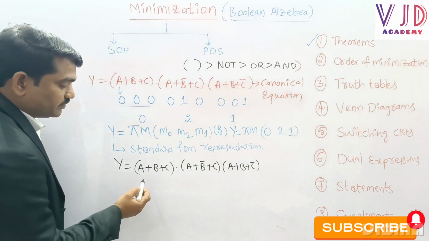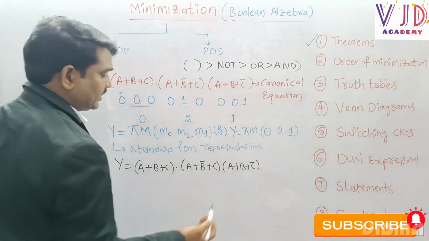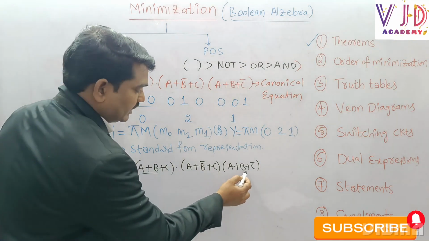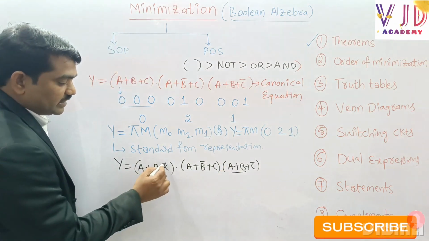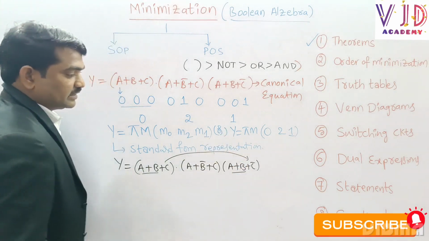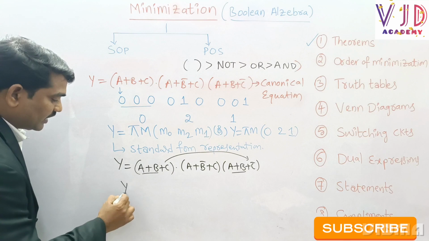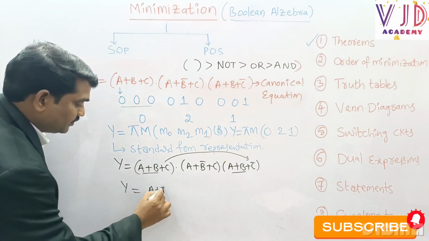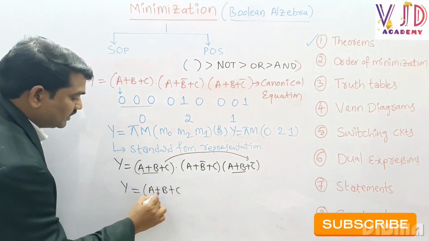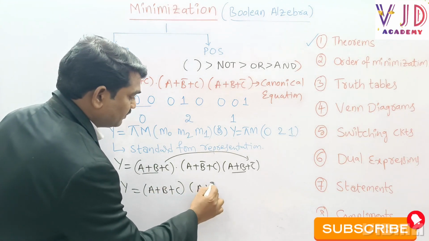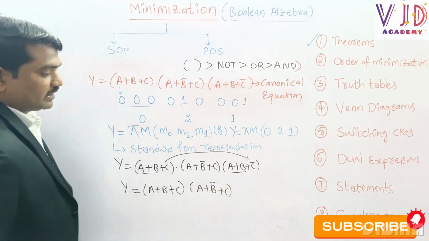Sir, in the first max term there is a complement here, and the other remaining terms A plus B are common, and then C and C bar are complemented. So now based upon these two, I will write it as A plus B plus C. After multiplication we can write like this, and then A plus B bar plus C. So this is the equation.